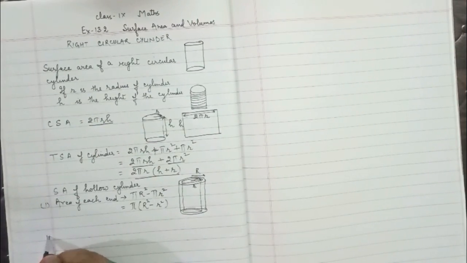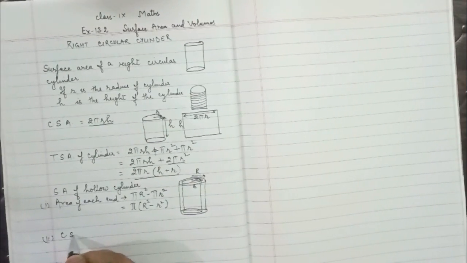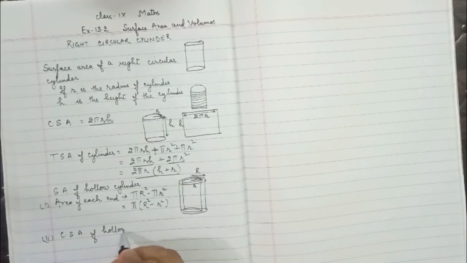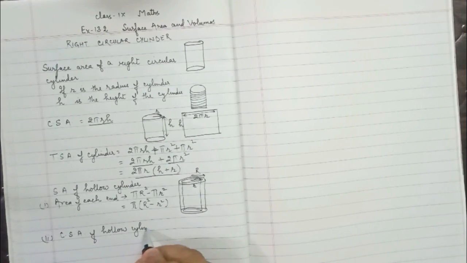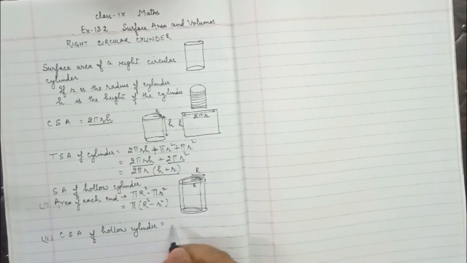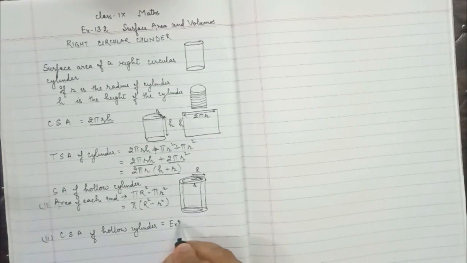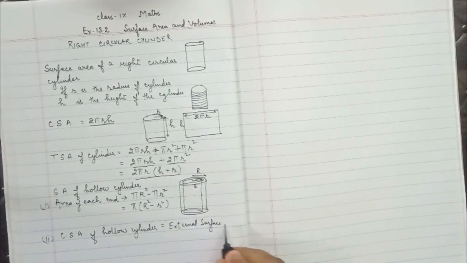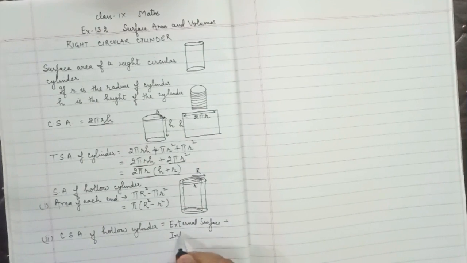Now the curved surface area of a hollow cylinder will be equal to the external surface area plus the internal surface area.